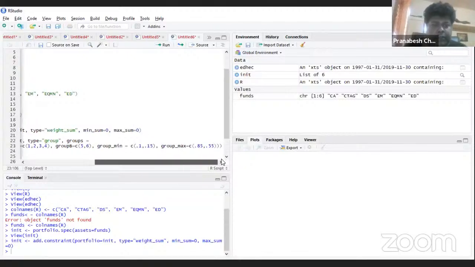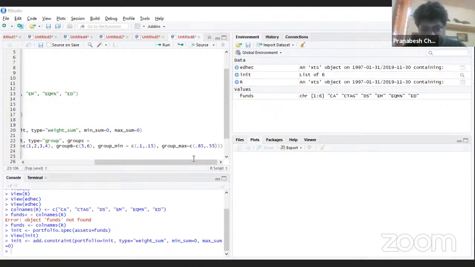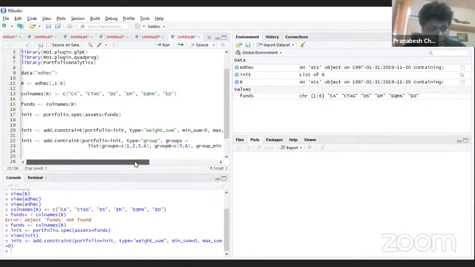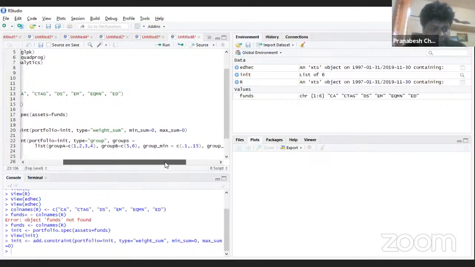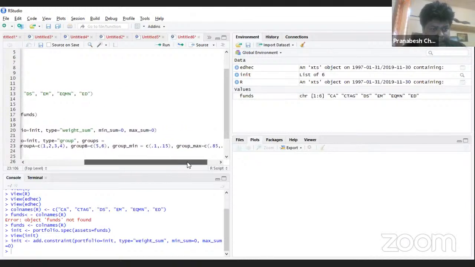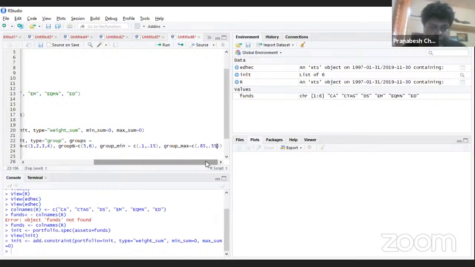Now let's see what it actually means. Here's another bracket, just equals to 1, 1, 1, 1, 1. Let's go back.